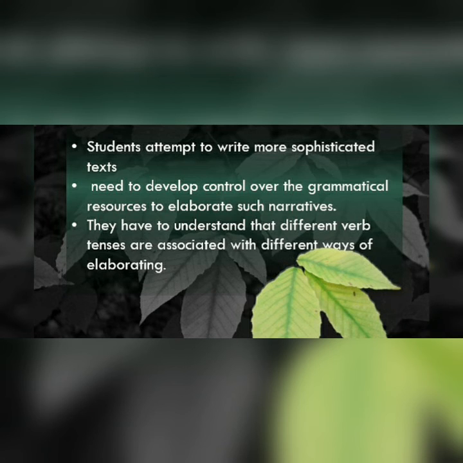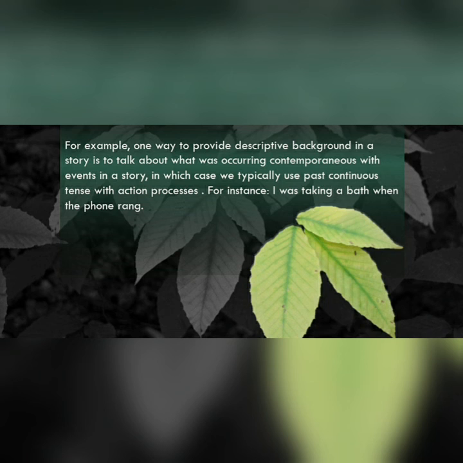Students need to understand that different verbal tenses are associated with different ways of elaborating on a narrative for different rhetorical purposes. For example, one way to provide descriptive background in a story is to talk about what was occurring contemporaneous with events in a story, in which case we typically use past continuous tense with action processes. Example, I was taking a bath when the phone rang.